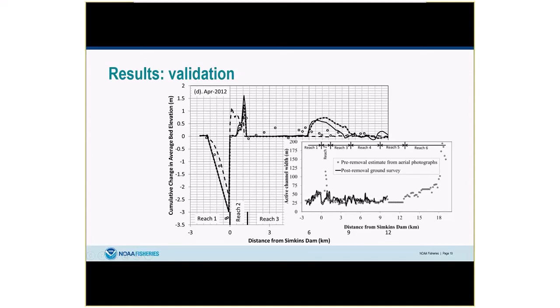This mistake in the input data causes the model to store too much sediment here. And it probably also partly explains why the observed deposition in Reach 3 is not captured by the model at this time horizon or the previous one.